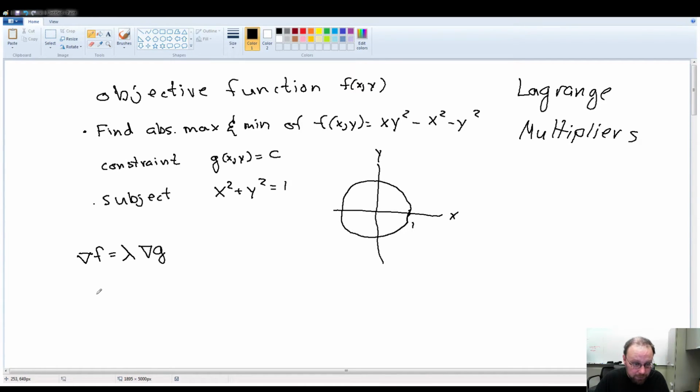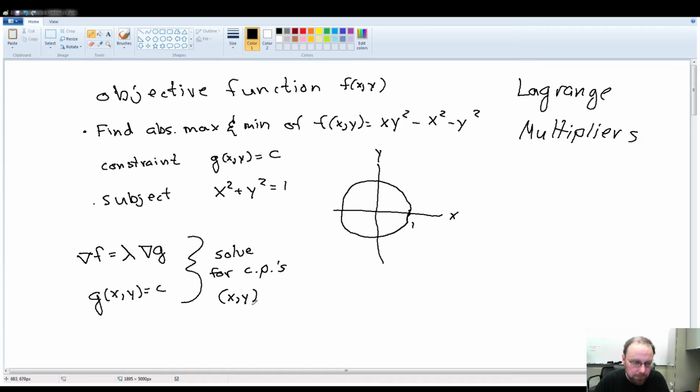Okay, and then together with the constraint itself, we get a system of equations that have x, y, and lambda, and of course if we have more than two variables, maybe z as well. And we want to solve for critical points using this system. I'm just going to be looking for xy pairs.